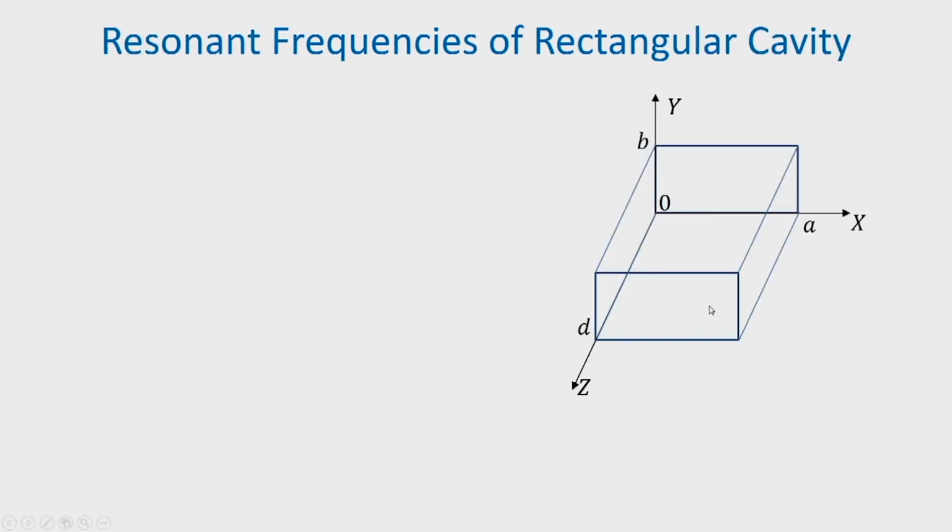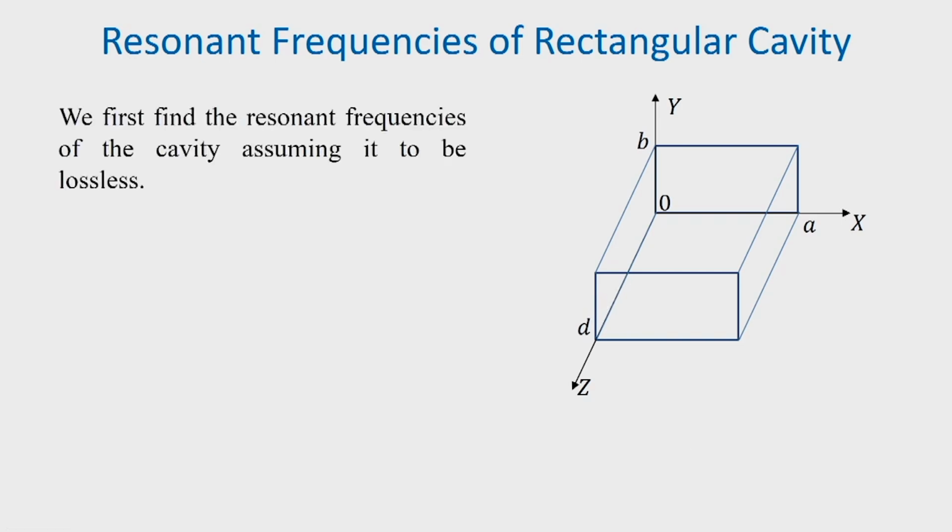So, we start our discussion by determining the resonant frequencies of rectangular cavity. Here we show a rectangular cavity which has sides a, b and d. So, what we do?